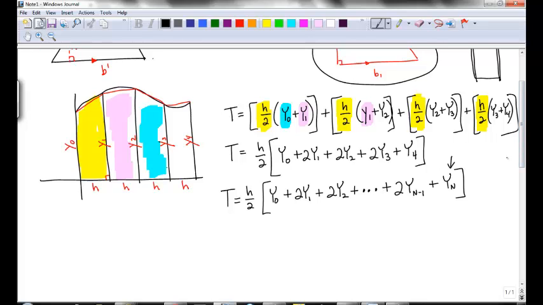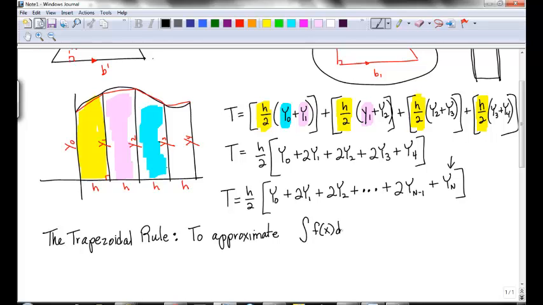So now to put it into terms, the trapezoidal rule. I could have just given you the rule, but then it's like, where does that come from? You kind of need to know. So the trapezoidal rule is to approximate the definite integral of f of x with respect to x from a to b, and our a would have been here and our b would have been here.